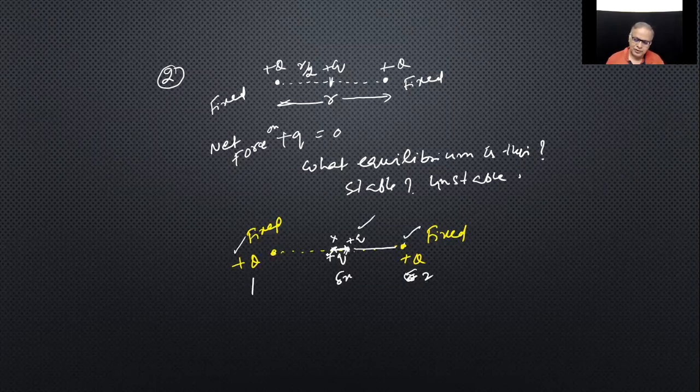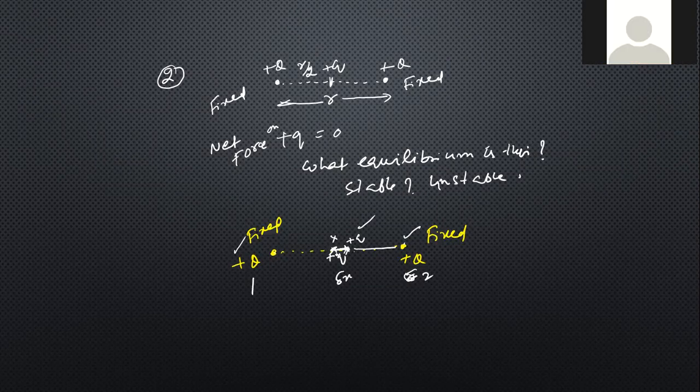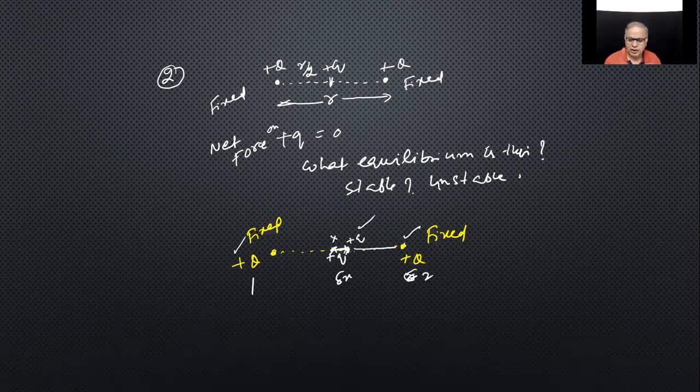If I moved it like this, the repulsive force here becomes more, then it will go there, but it won't stop probably. It may go, but it will come back again. So that's what you mean by stable equilibrium. So you should say that plus q is in stable equilibrium.